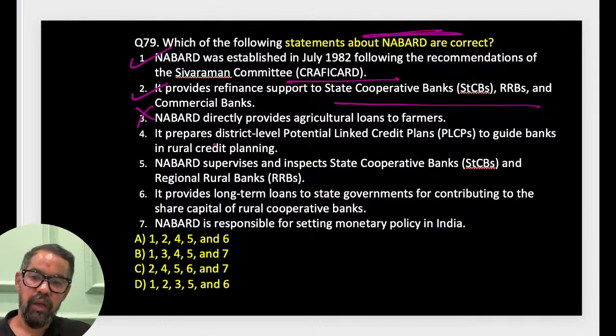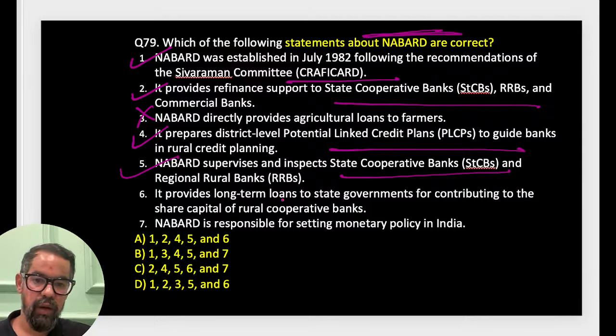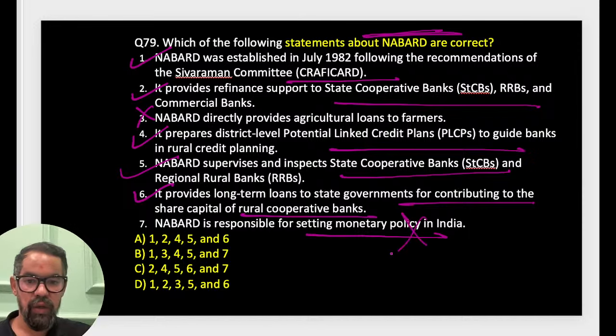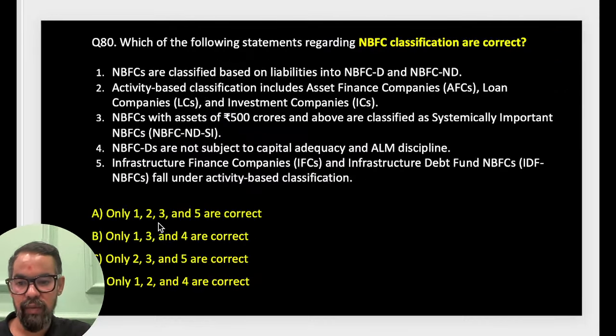It prepares district level potential linked credit plans to guide banks in rural areas. NABARD supervises and inspects the state cooperative banks and RRBs. It provides long-term loans to state governments and cooperatives. So what is your answer? A is the right answer for this particular one. I will not check because I believe everybody will be able to get the right answer.